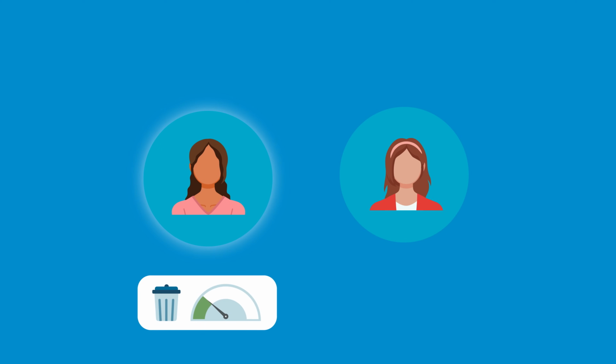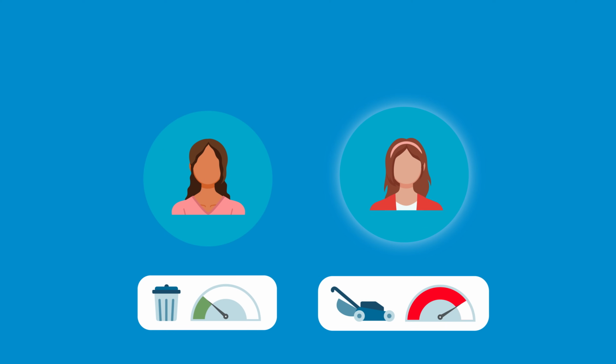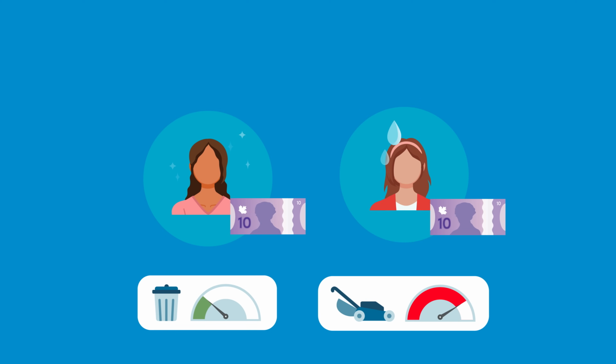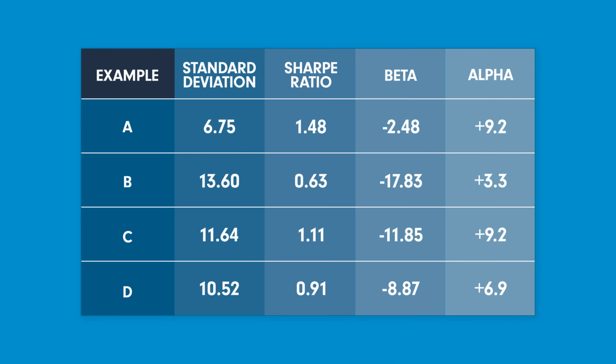Mindy had to do easy chores, like taking out the trash, while Jesse had to do something much more difficult, like mowing the lawn on a hot day. In this case, both students earned the same amount of money, but Mindy took on less risk or effort. Jesse may have gotten the short end of the stick there. But in investing, risk-adjusted returns help you see which investment is giving you the best return for the level of risk you're taking. So, the higher the Sharpe ratio, the better the investment has performed relative to its risk.